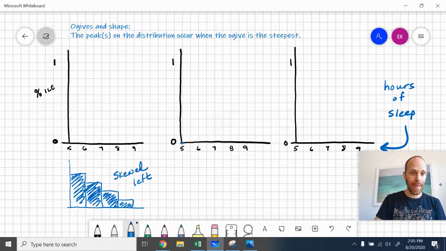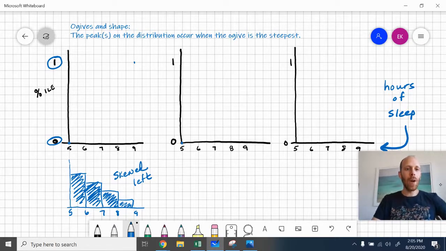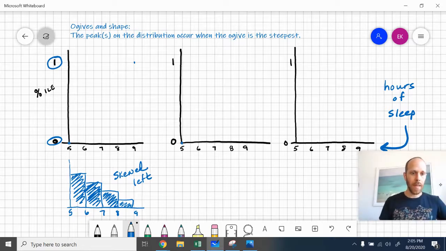Well, think about how this would translate into an ogive. You know that right here at 5 hours, since nobody's less than 5, that 5 would correspond to the 0th percentile. And you also know that since nobody is greater than 9, 9 would correspond to the 100th percentile. Well, how would the lines go for the rest of the graph? Well, it looks like it's increasing the most greatly here, and then less greatly here, and then less greatly here, and then less greatly here.